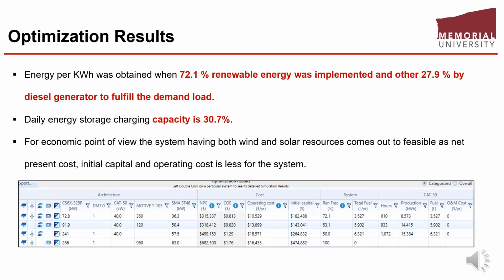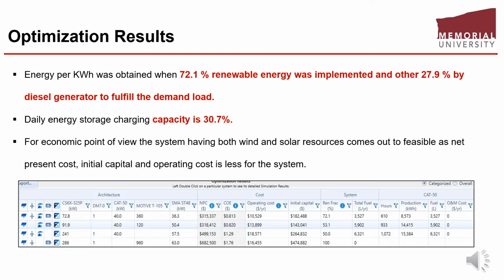After developing the model in the Homer software for the microgrid hybrid system for the Woody Island, we optimized that system, in which we got four different combinations of the energy generating units to generate electricity and supply the load, and all the combinations are seen in the table. It can be seen that 72.1% is the total renewable fraction for the energy generation, and 27.9% is the diesel generator fraction for fulfilling the load demand.